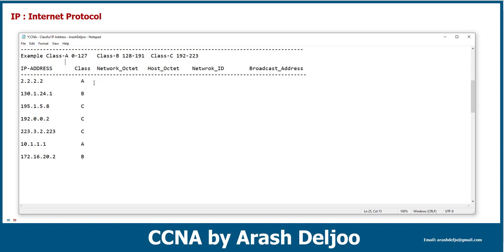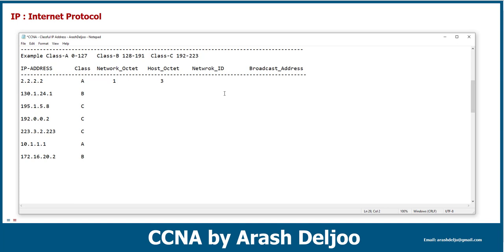Because of that, if you want to find the network octet in this address, you can use only the first octet, because this is a class A IP address. Let me write here, we have 1 network octet and also 3 host octets, you know it, okay?